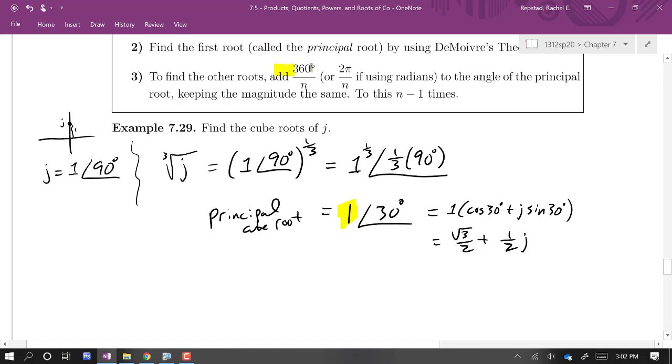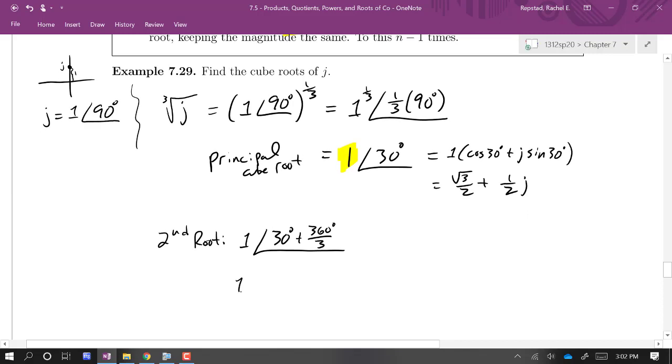To find the other roots, add 360 over n to the angle of the principal root, keeping the magnitude the same. So for the second root, this is 1 at an angle of 30 plus 360 over 3. 30 plus 120 is 150.